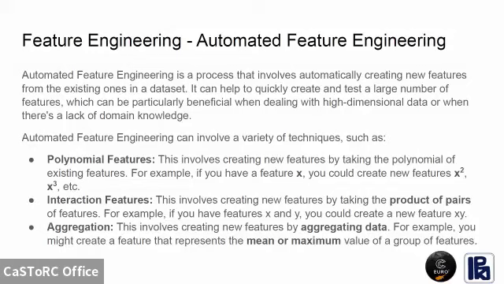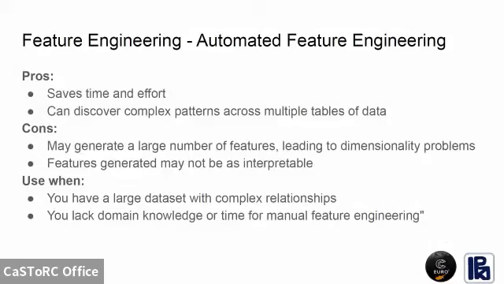You can have interaction features, which involve the product of random features, multiplying them and seeing if it can significantly improve the performance, or it can have aggregation of data. You can group different data together using the mean or maximum value. This is done automatically, which saves time and effort.